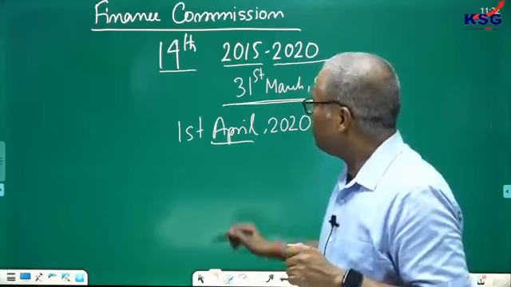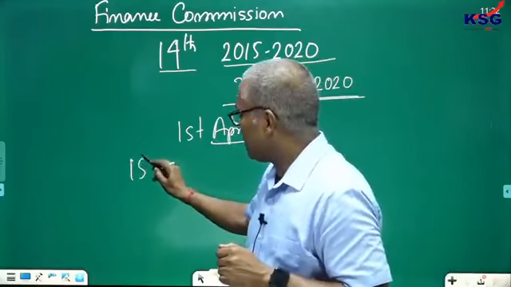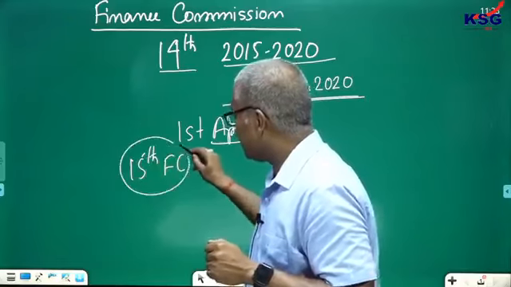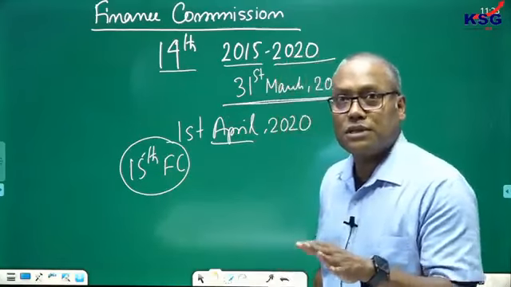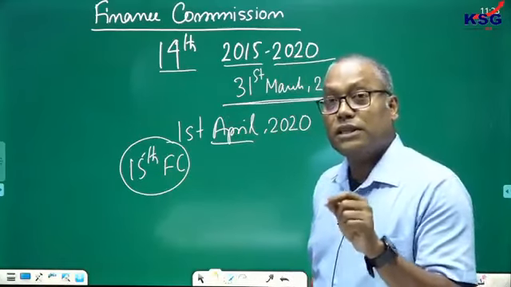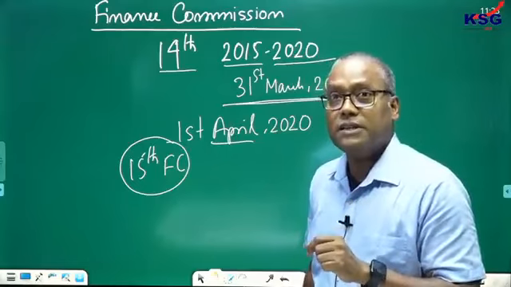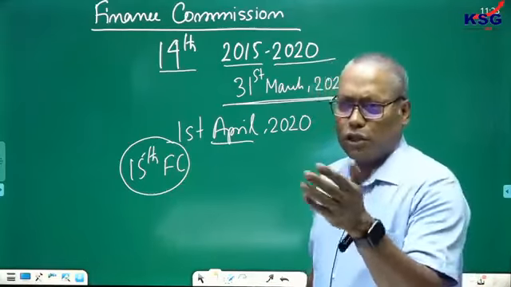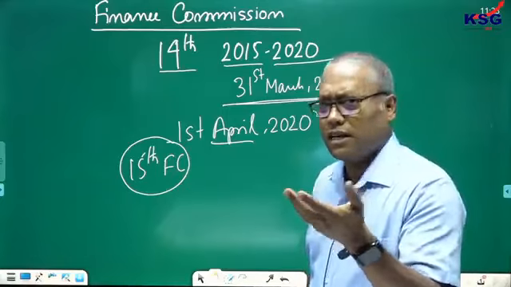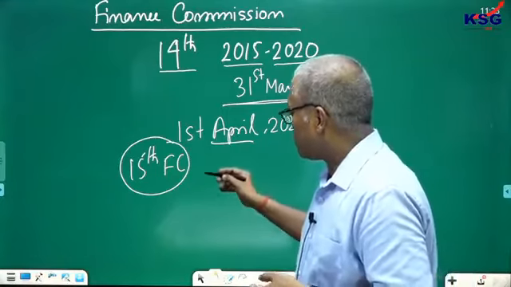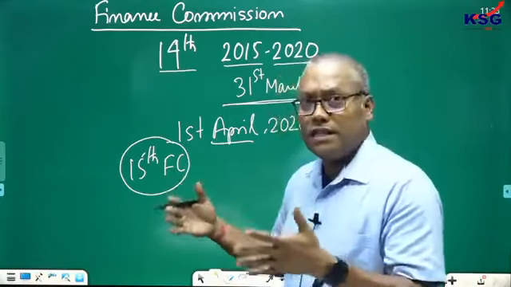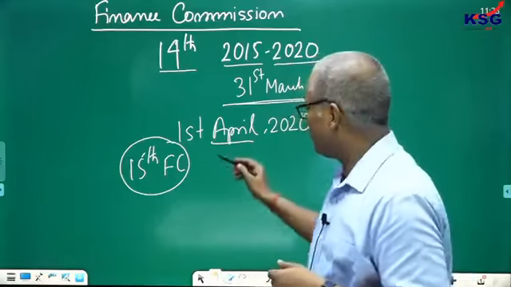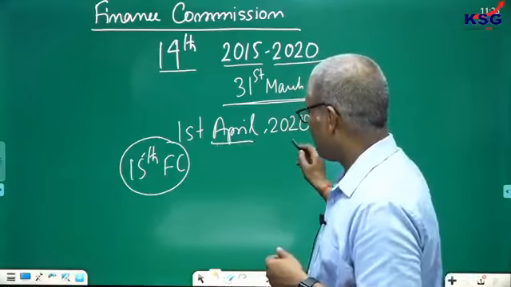Okay, the 15th Finance Commission was given 30th October 2019 as the last day to submit the report. But the 15th Finance Commission asked for more time because of new changes in the country. The government is going to implement the new finance commission recommendation from 1st April 2020.